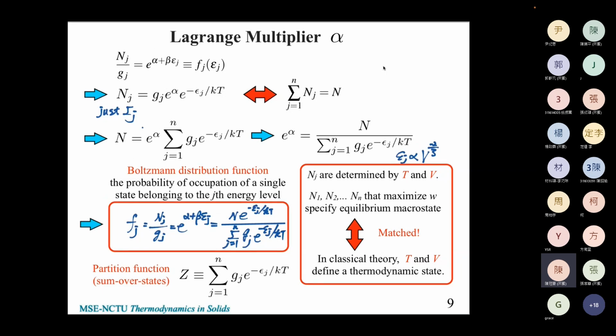So n_j is determined by epsilon_j and kT, which means that n_j is determined by temperature and volume. So here, T and V determine n_1, n_2, and n_m. In classical theory, temperature and volume also define a thermodynamic state, right? So we have really good agreement between statistical and classical thermodynamics.